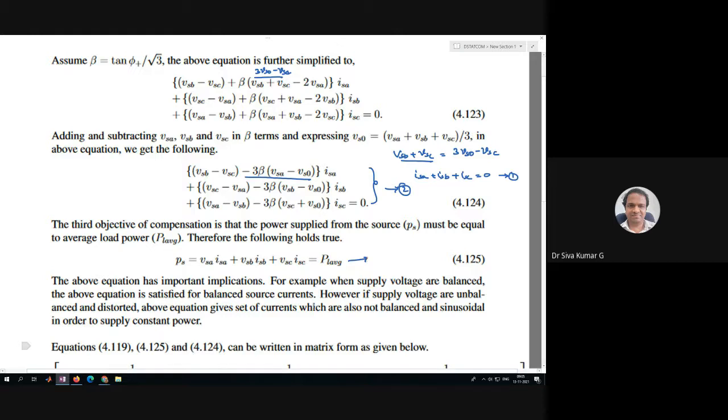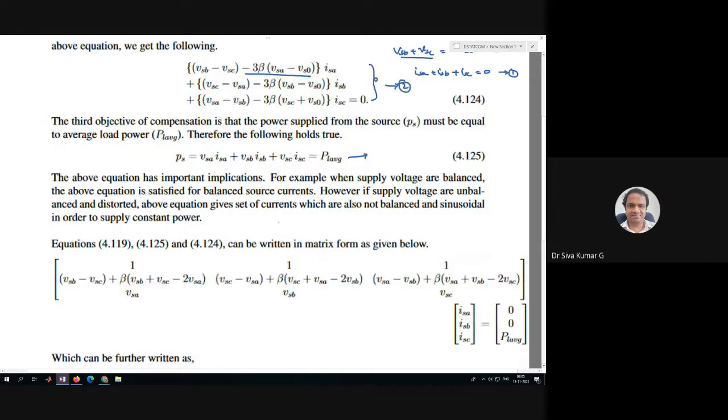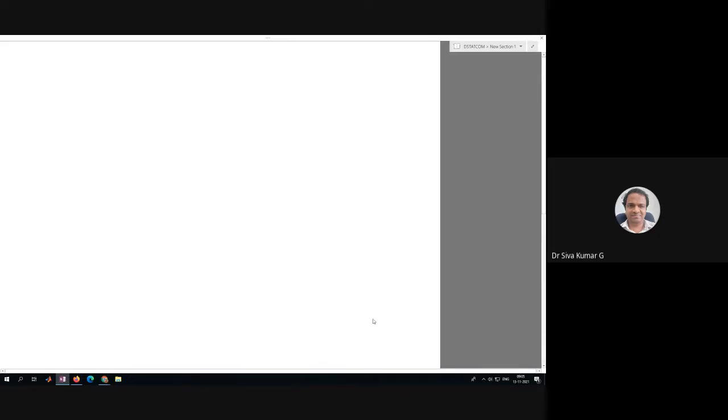The important thing about this particular equation is this: there is a case where we have a source voltage which is distorted and unbalanced.